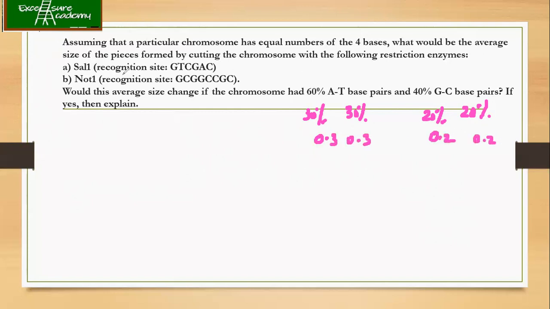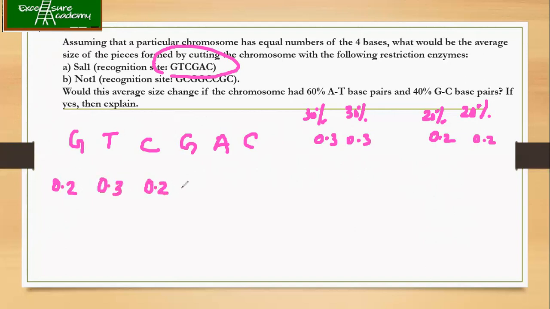Now suppose you take SalI, let us take the example of this only. We have got G, T, C, G, A, C. What is the value you are getting here? G is 0.2, T is 0.3, C is 0.2, G again 0.2, A is 0.3 and C is 0.2.